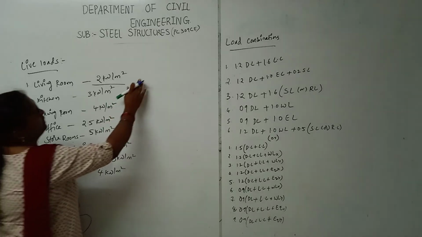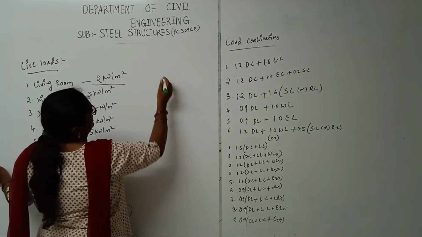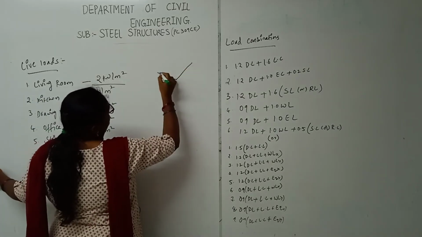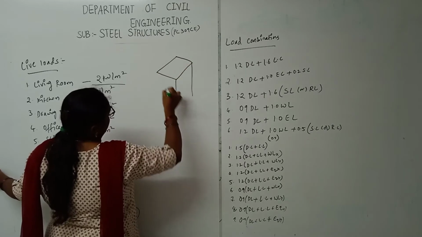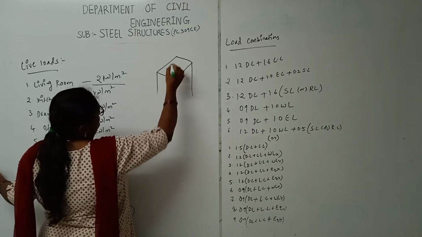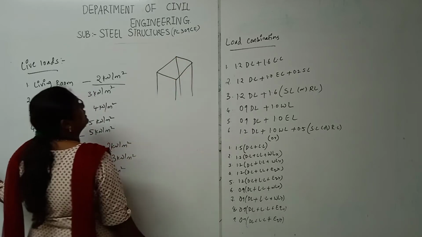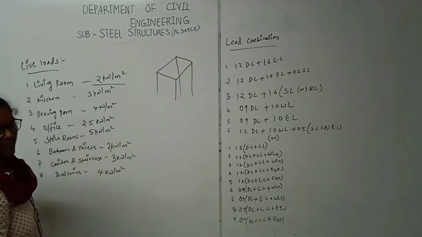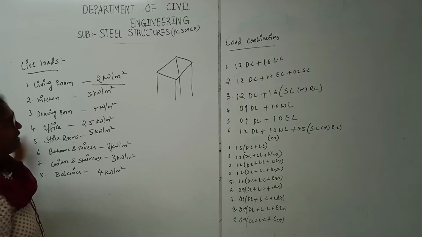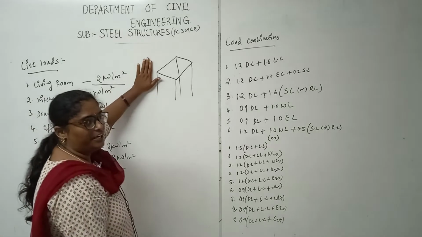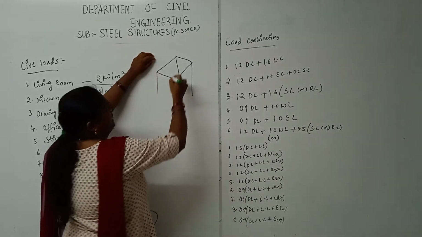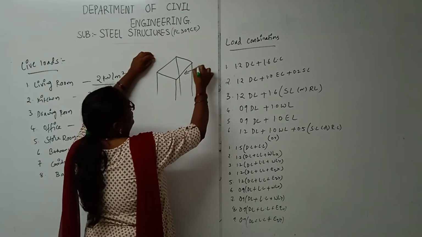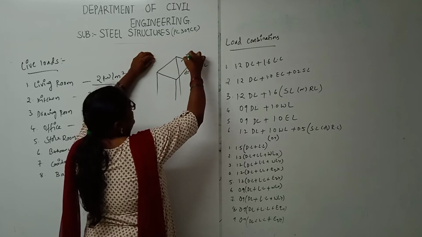So see here, what happens when you build a structure. You don't simply find a structure; yes, we have constructed the structure, but you will have n number of loads acting on it, like your live load and your dead load.